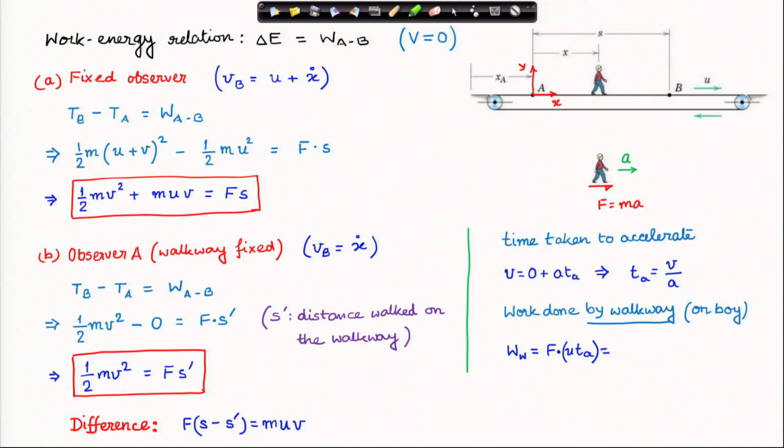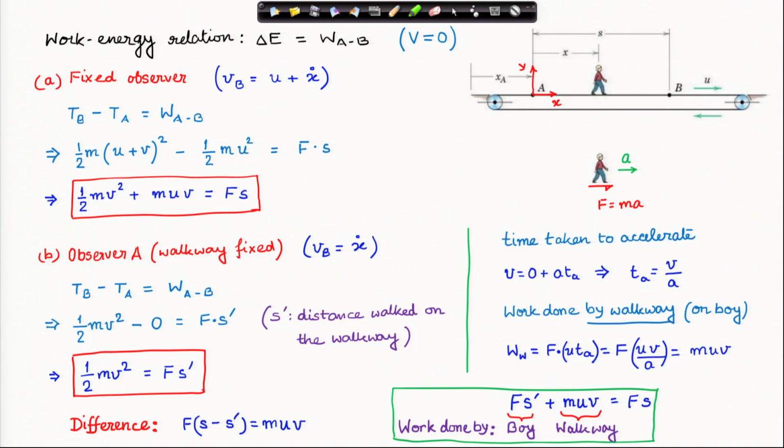Therefore, F times u times T A. Velocity into time is the distance covered by the walkway during the acceleration time, and the force acting is constant, and u times time of acceleration is u v by a. Therefore, this is m u v. This is the work done by the walkway on the boy.